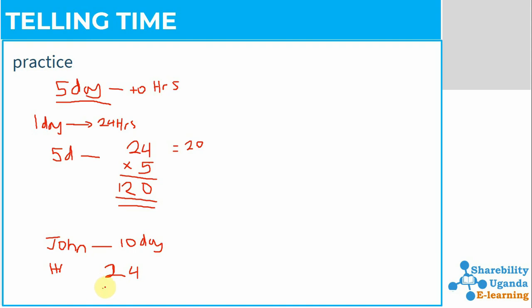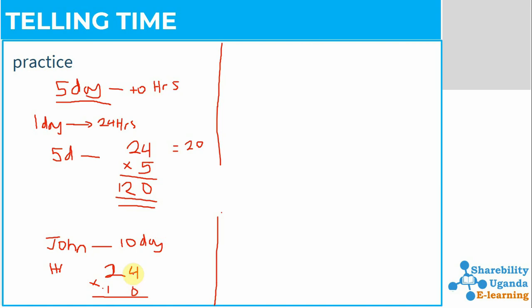Then we also multiply it by 10. When you multiply this by 10, you shall be able to come up with the number of hours.